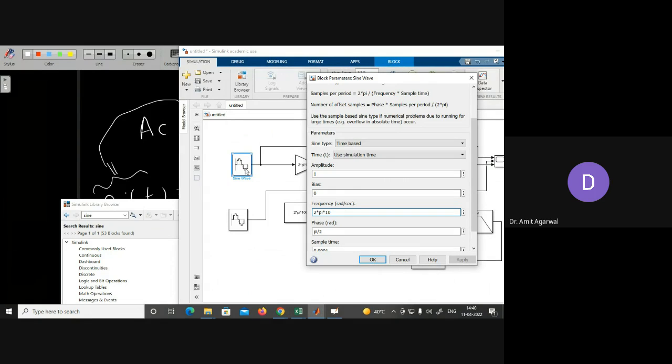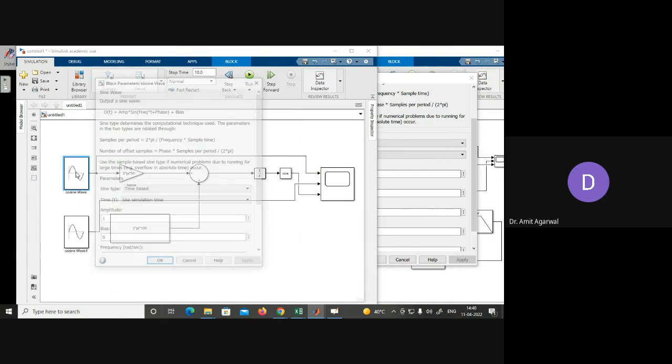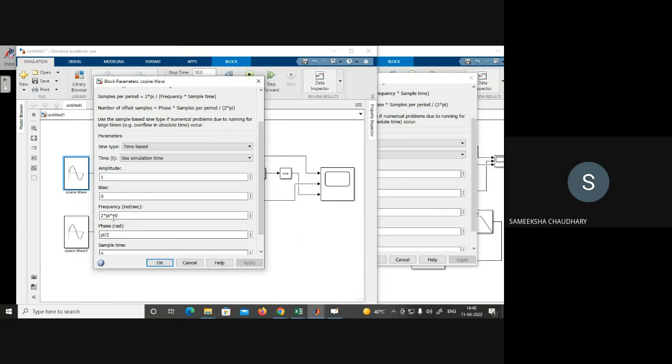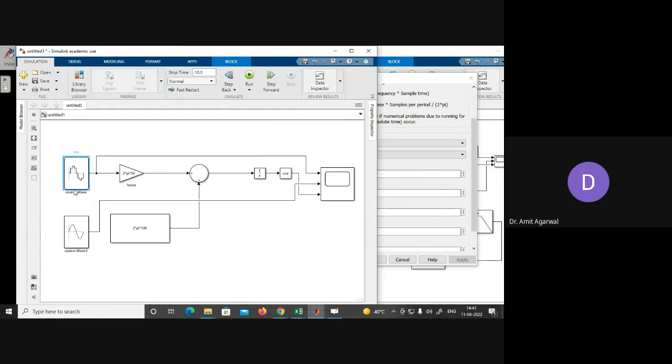If I just copy it from here, 2 pi 10. Sir, we have changed the sampling time. Okay, maybe. Yeah, thank you.